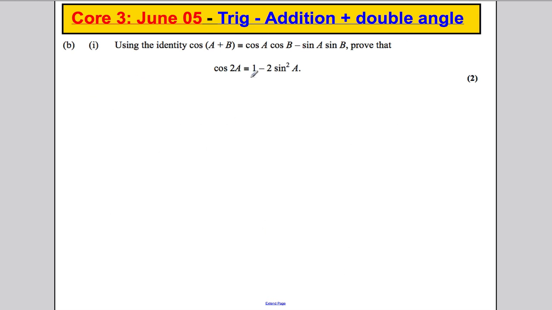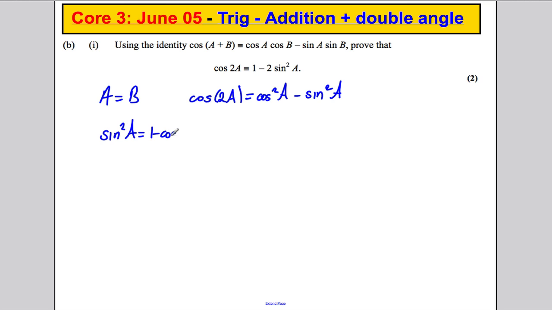Okay, next part. Use this identity to prove the following. Well, it's quite simple. If I let A equal B, I would get that cos of 2A must therefore be cos squared A subtract sine squared A. But I know that sine squared A is 1 minus cos squared A. Sorry, that isn't the helpful one I wanted.